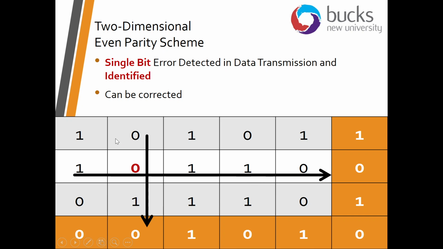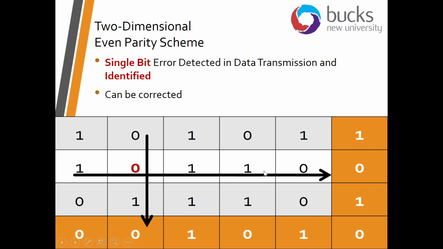If we check the parity of this row, we'll get our 0, because that's correct. So it's been transmitted correctly.